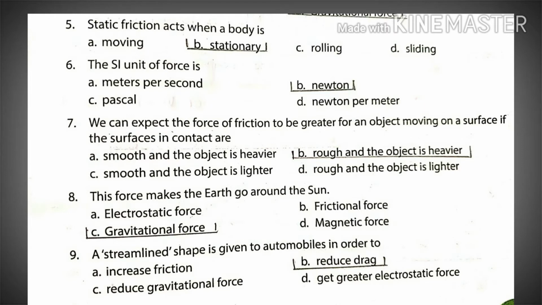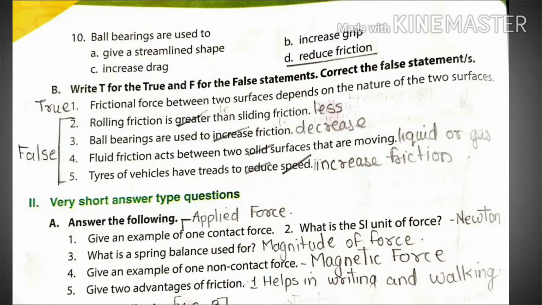Answer is option C, gravitational force. Ninth, a streamlined shape is given to automobiles in order to reduce drag. Now the tenth one, ball bearings are used to, answer is option D, reduce friction.